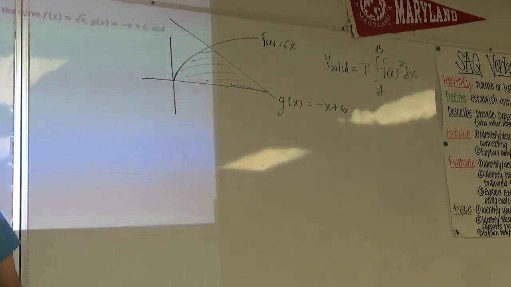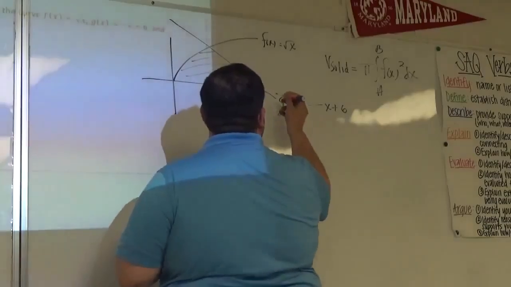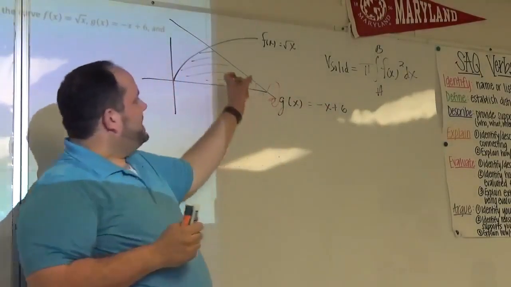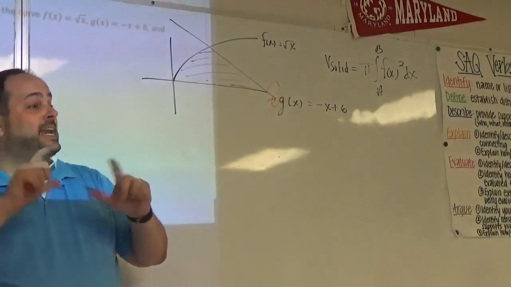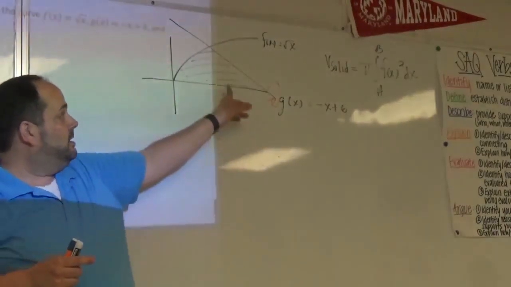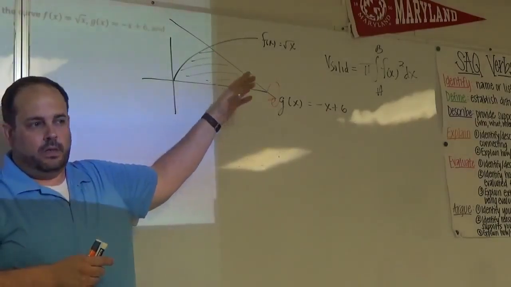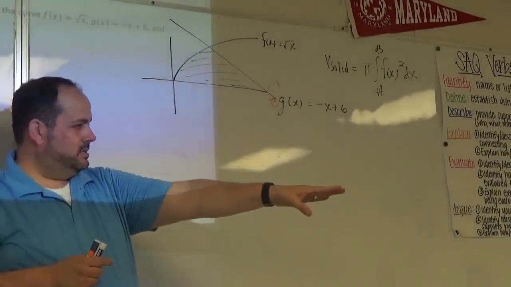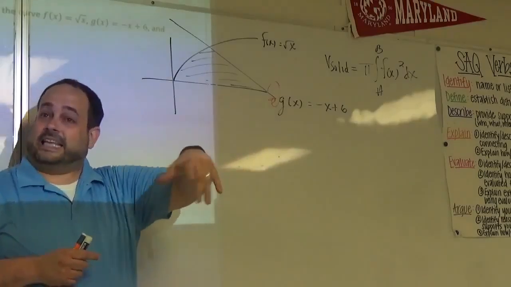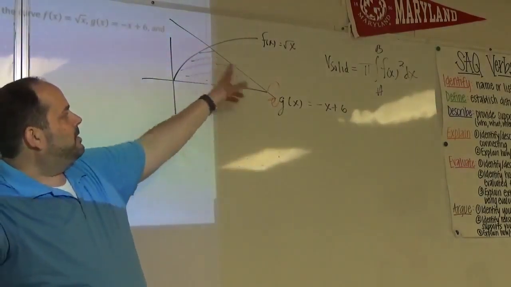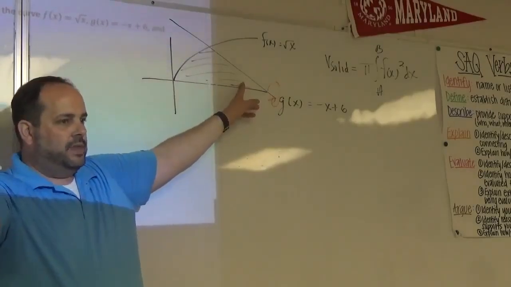Curious, what's the visual? Spin this around the x-axis. What do you guys see? Tornado. You're taking this guy here and you're spinning around the x-axis. What's the object? Okay, pyramid. Half of a sphere, this part over here, but you're not counting the triangle.